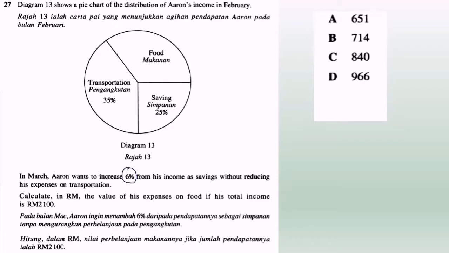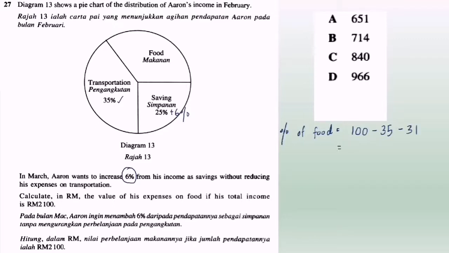So this one remains 35%, but for savings we need to add another 6%. Now I want to find the percentage of food. So the total is 100% minus 35% minus 25% plus 6%, which is 31%.